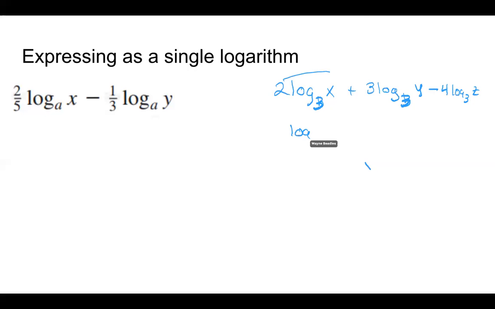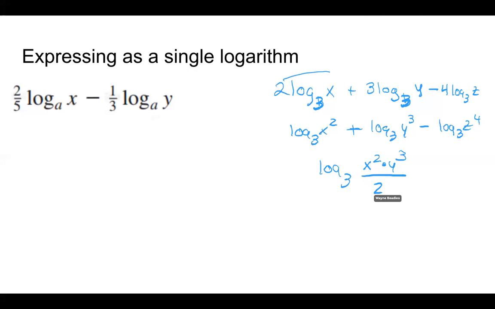We get log base 3 of x to the 2nd plus log base 3 of y to the 3rd minus log base 3 of z to the 4th. And plus means multiplication, so it's going to be log base 3. These are all the same bases. If they're not the same bases, you can't do it. They try to trick you sometimes with that, just a warning. So it's x to the 2nd times y to the 3rd, divided by z to the 4th.